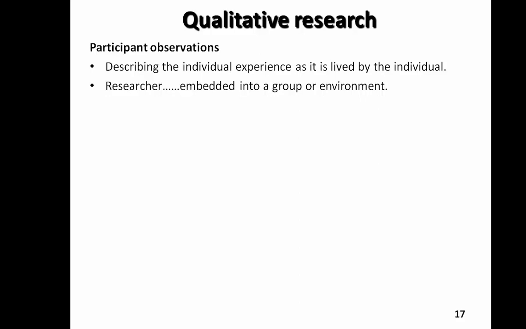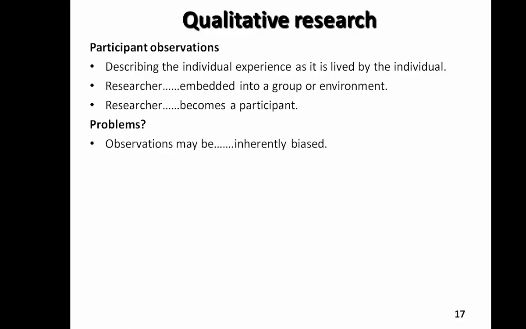On the previous slide, with the field observations, the researchers are positioned at the periphery of the natural course of events that are taking place. In this case, the researcher actually becomes a participant with participant observations. However, this approach could lead to potential problems. The first problem is that observations may be and are likely inherently biased.